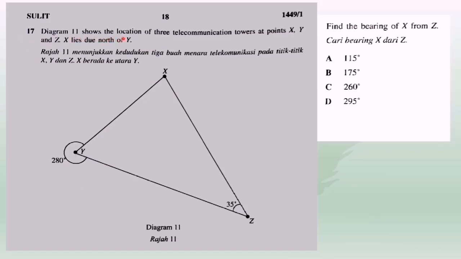Diagram 11 shows the location of 3 telecommunication towers at points S, Y, and Z. S lies due north of Y. Here I draw a north direction from S because S is due north of Y. Find the bearing of S from Z. Z is here, so I also draw another north direction parallel to this one. For the bearing of S from Z, from Z I draw clockwise to the line SZ.